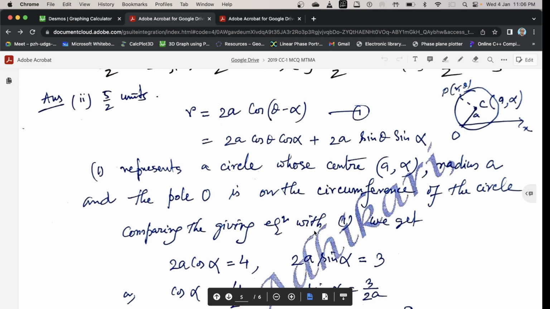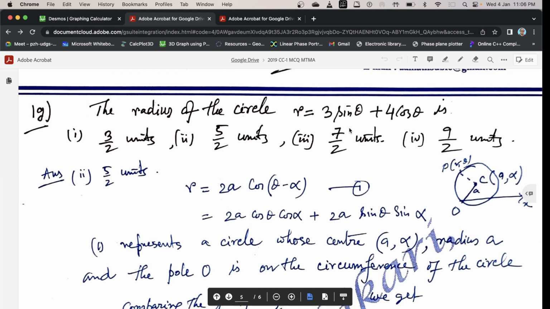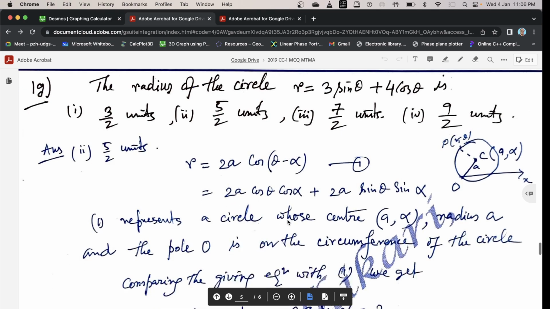Comparing the given equation with equation 1 in this simplified form, the given equation is r equal to 3 sin theta plus 4 cos theta. So 3 equal to 2a sin alpha and 4 equal to 2a cos alpha.